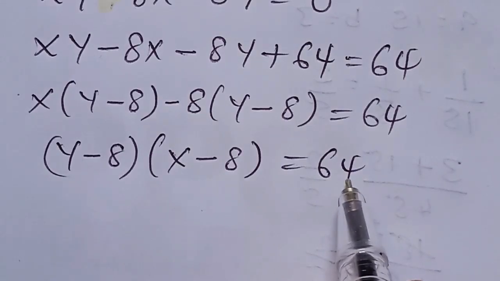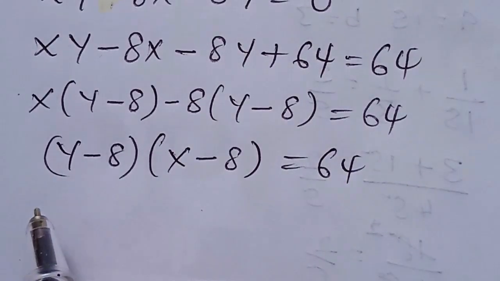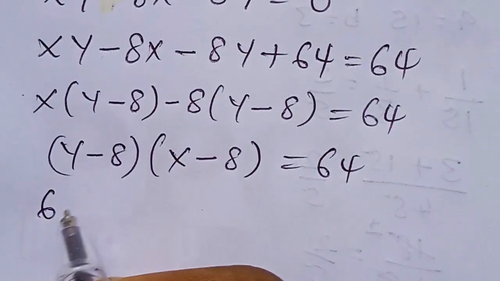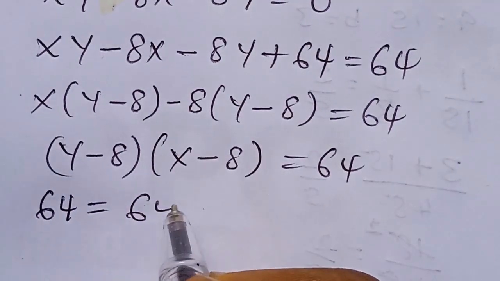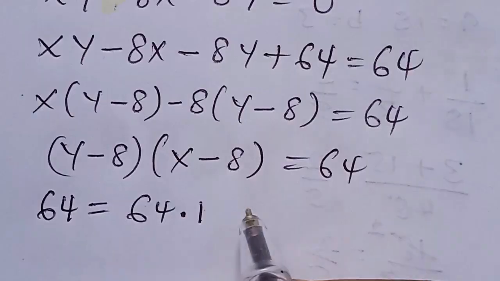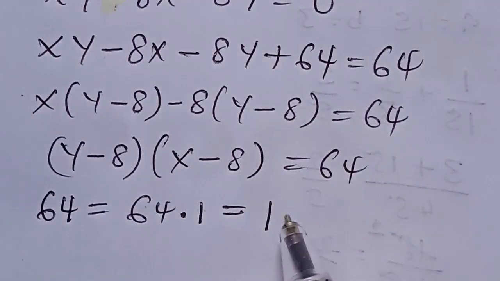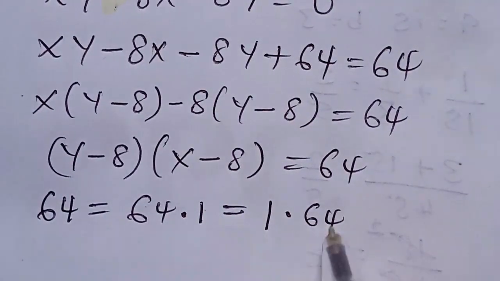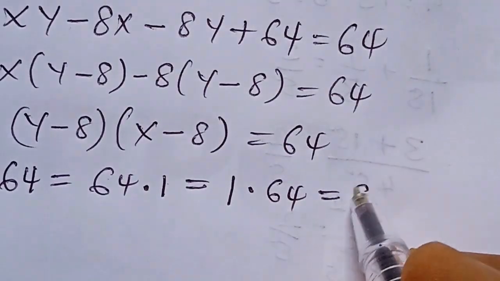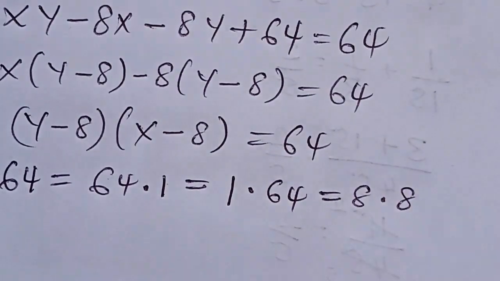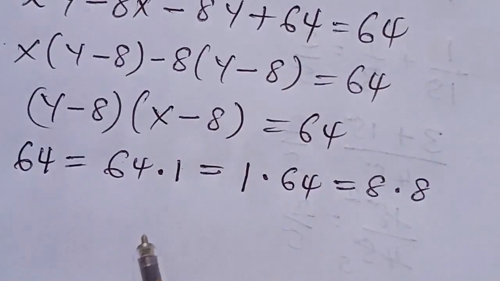So we have on the list, 64 can be equal to 64 multiplied by 1. Likewise, 1 can be multiplied by 64 to give us 64. Then if we multiply 8 by 8, we also have 64.